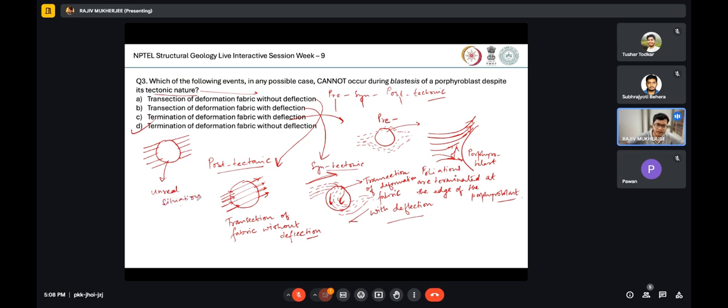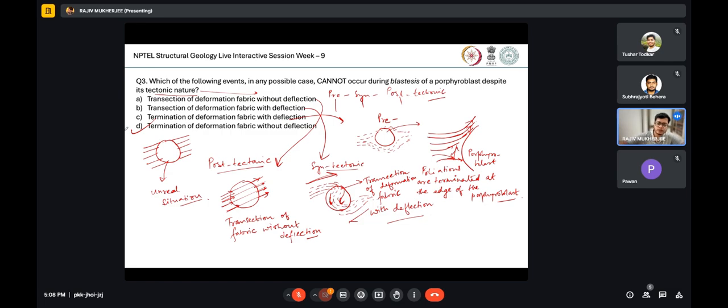So this cannot practically happen. That is why option D is correct: termination of deformation fabric without deflection cannot possibly occur for blasts, even when we are talking about blastesis, and it is also impossible for porphyroclasts as well.